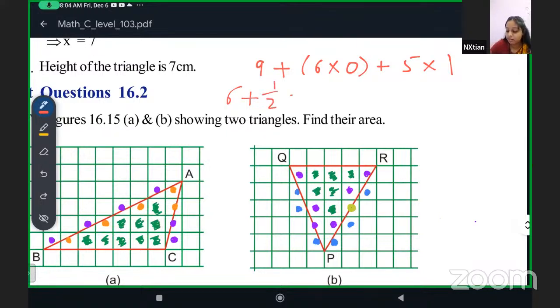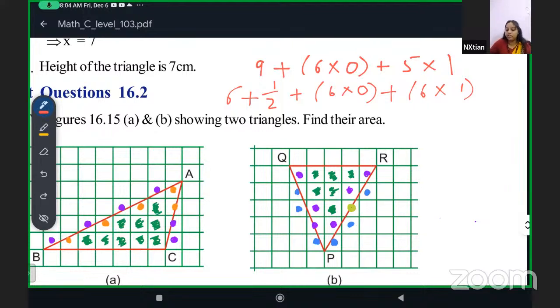So 6 plus 1 into 1 by 2, plus 6 are there which are less than half. So 6 into 0, plus 6 are there which are more than half. So 6 into 1.